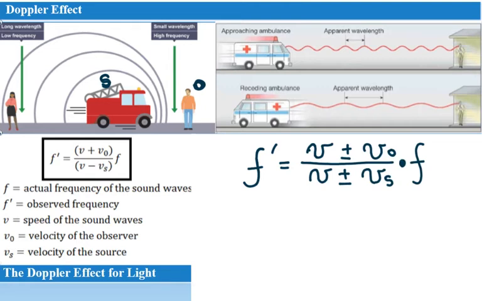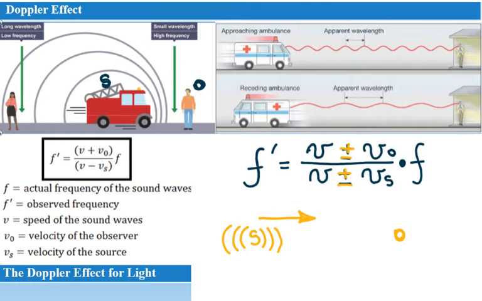Let's look at this example to understand how to choose the positive and negative signs in the denominator and the numerator. So if you have a source that produces the sound, and you have an observer that is listening to that sound, if the source is approaching the observer, then you have higher frequency.